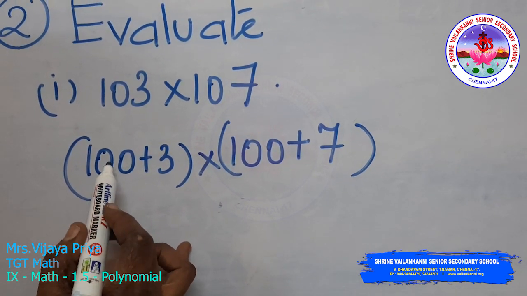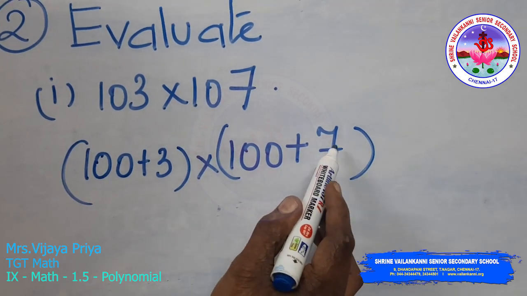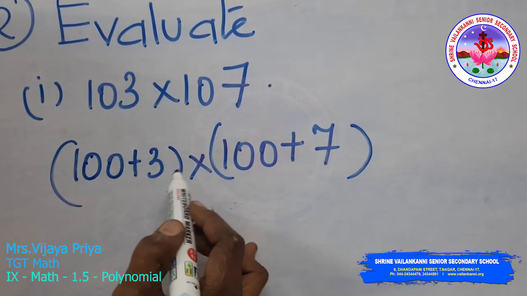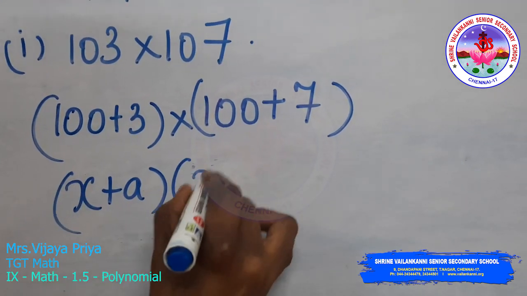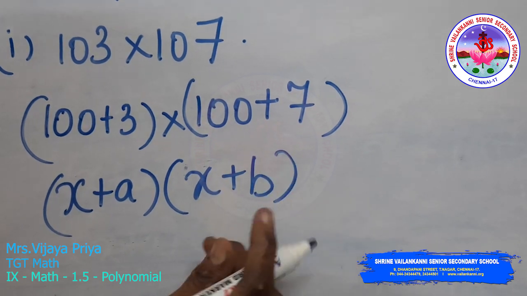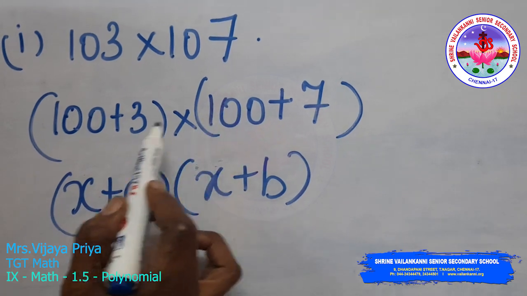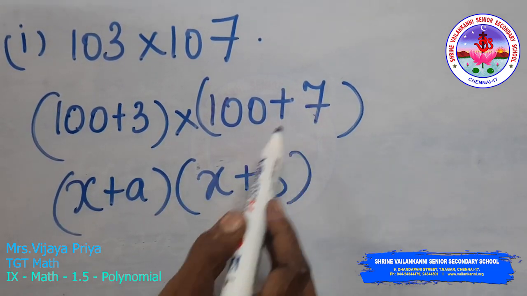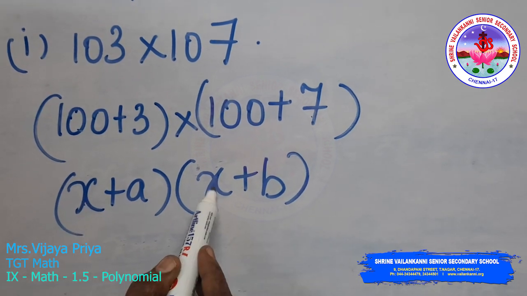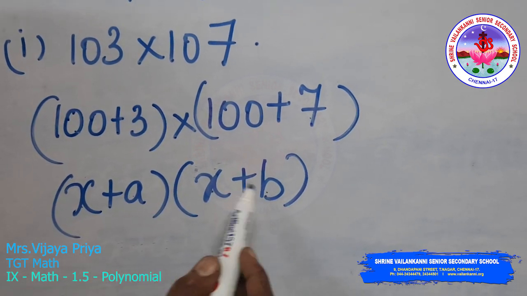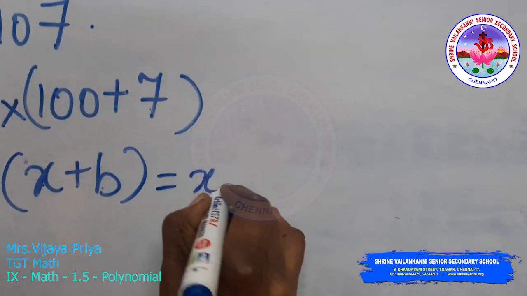I am going to use the algebraic identity (x + a)(x + b), because the 100 in both brackets remains the same and a and b are different, where x remains constant and a and b are different values.